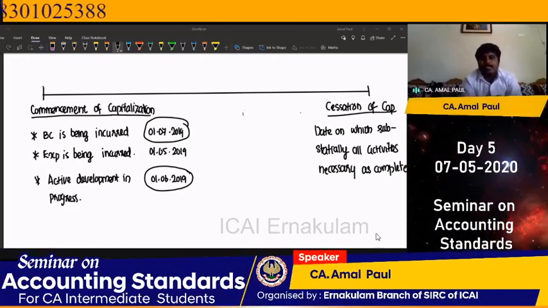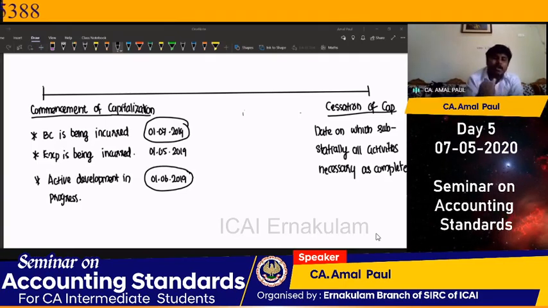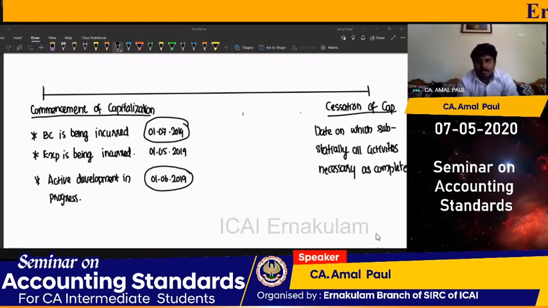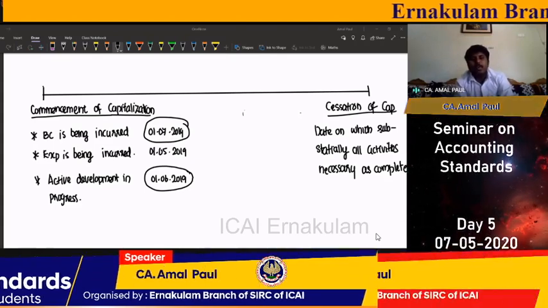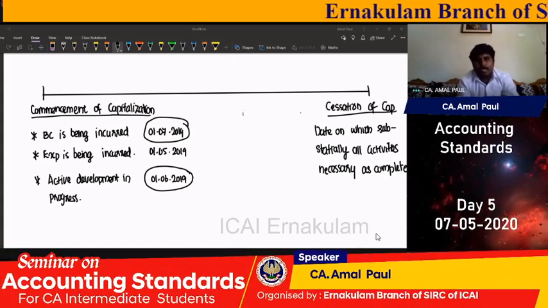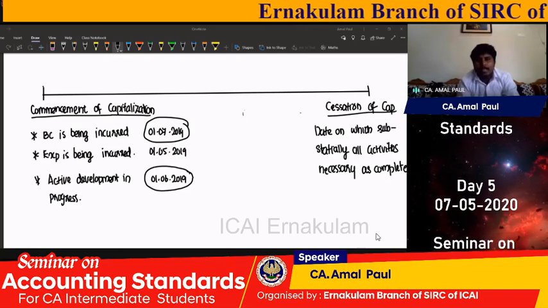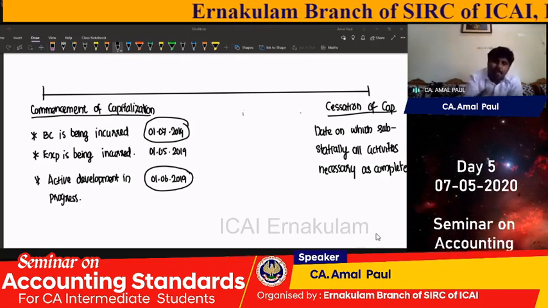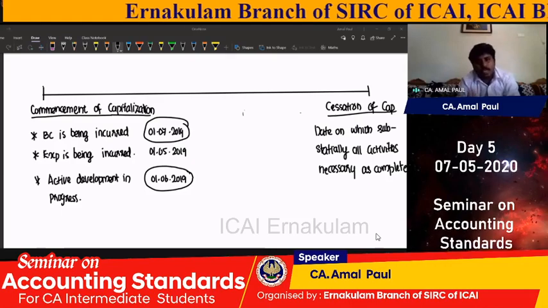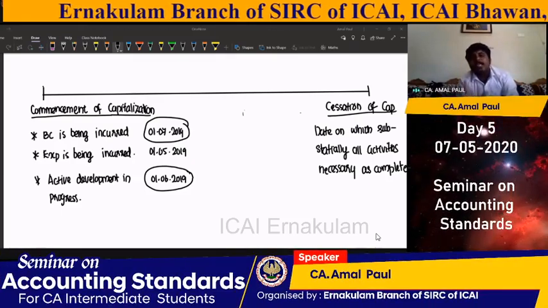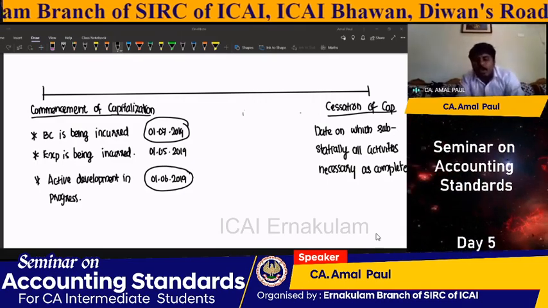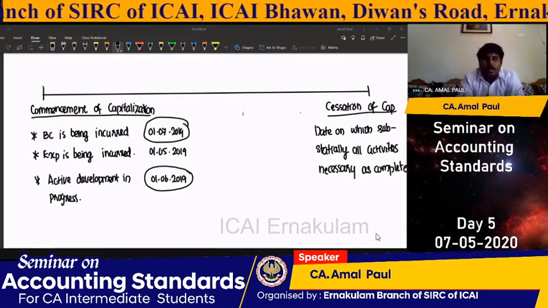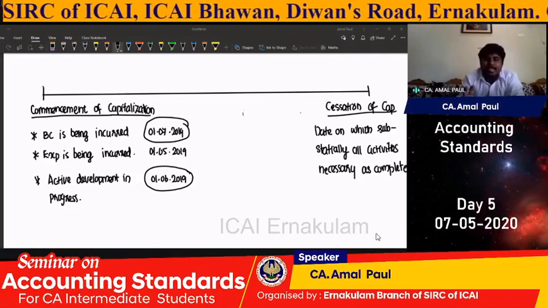That means you are constructing a building, and you had not painted that building. For example, the painting work is pending. Other than that, all other things are done. You should cease your capitalization, because without painting, that building also you can use, it is substantially complete. So it is not necessary that all activities should be complete.